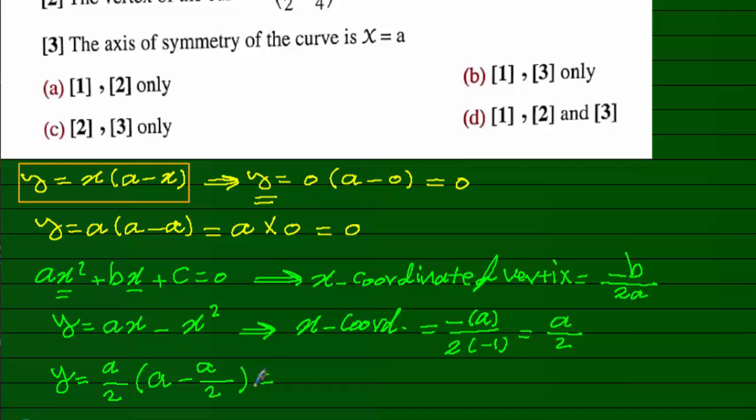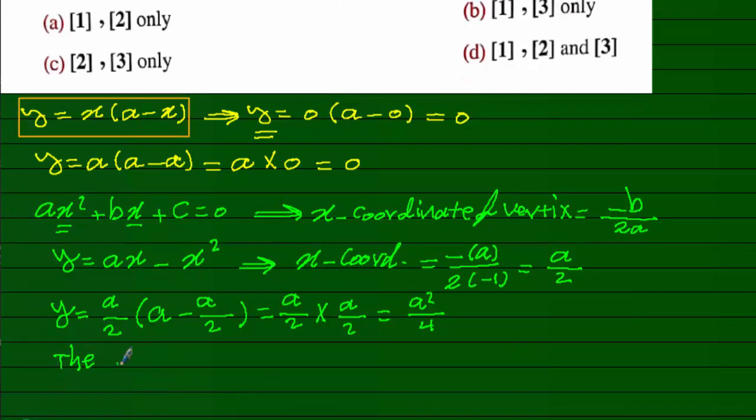We simplify this part: a over 2 multiply a over 2 equals a square over 4. And this is y coordinate of the vertex. So the vertex is the point a over 2 and a square over 4.